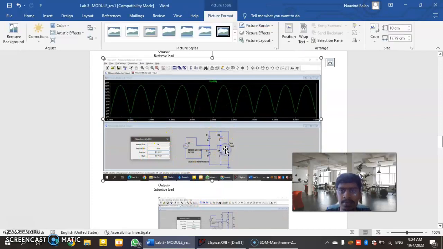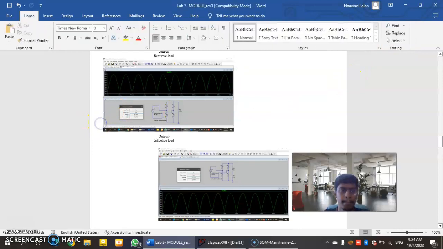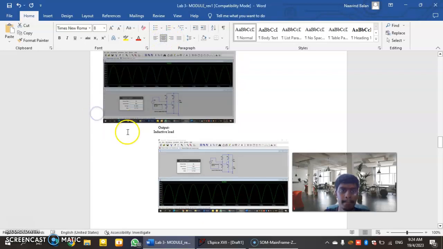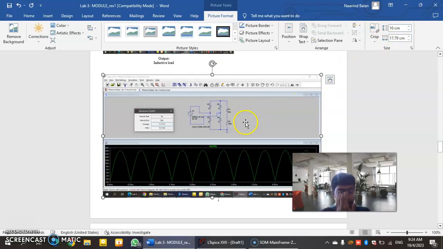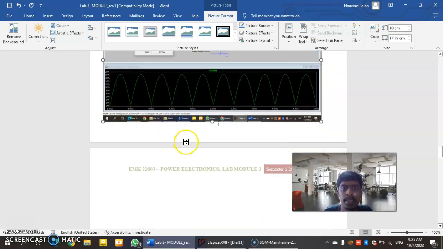The circuit is here. For the inductive load, my value goes from below 0, that is negative 1, to 18, and then back to negative 1 for the inductive load.